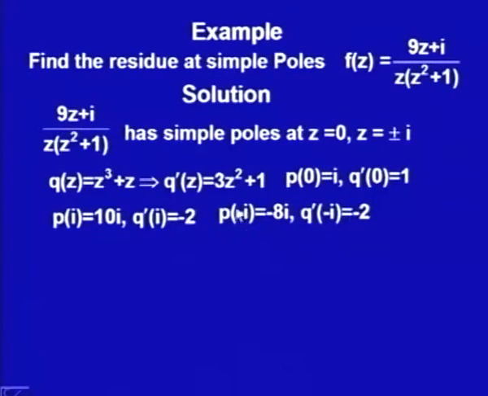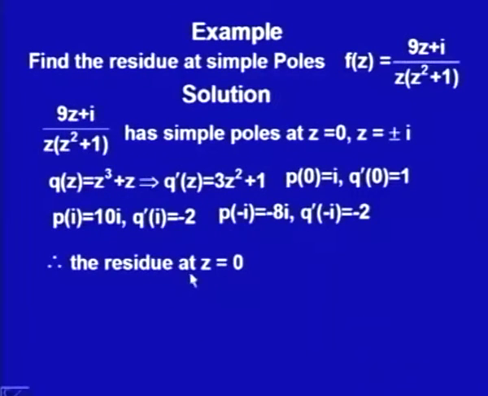So, now what we have found is that this function is of the form p(z) upon q(z). It has simple poles at 0 and plus and minus i. Moreover, at all these pole points, that is 0, plus i and minus i, the numerator is not 0 at those points. So, we just go with the second method.